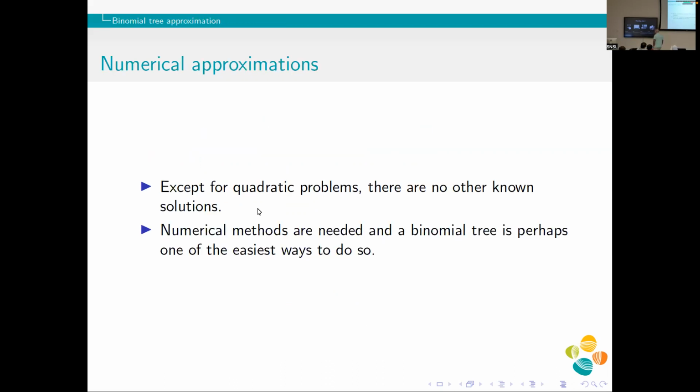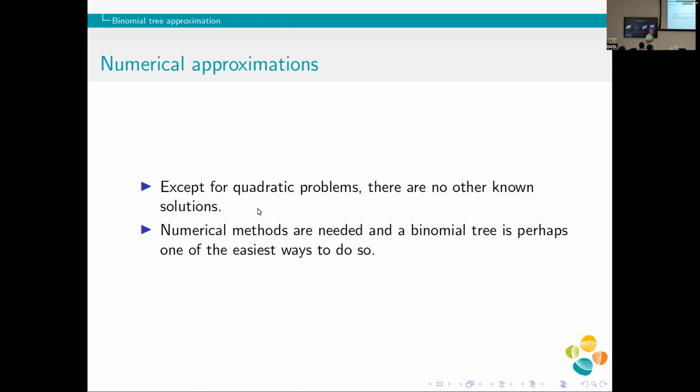Now, what is the key issue here is that, well, okay, so we have this nice theory, but really, except for quadratic problems, you cannot solve these mean field games.